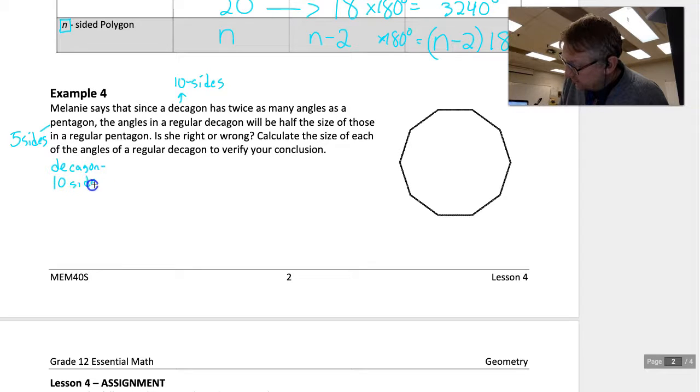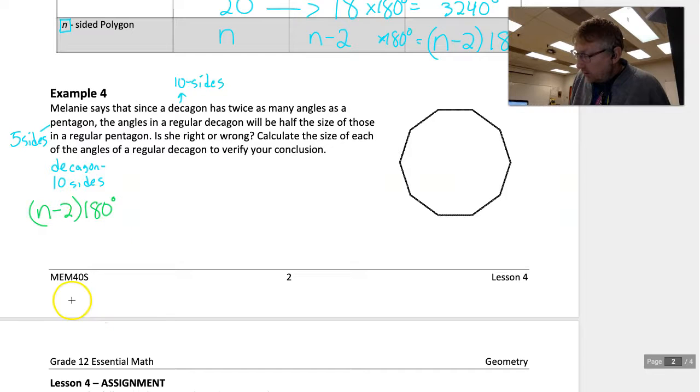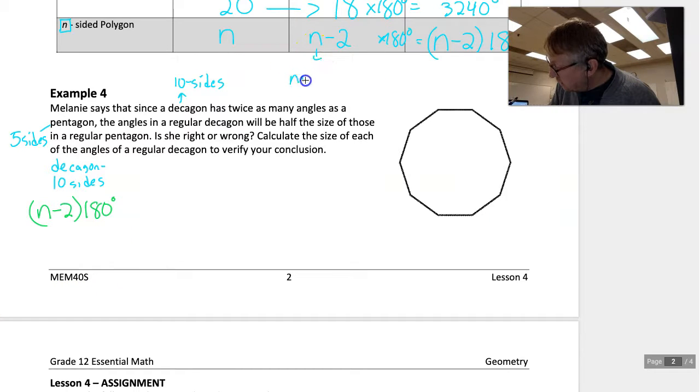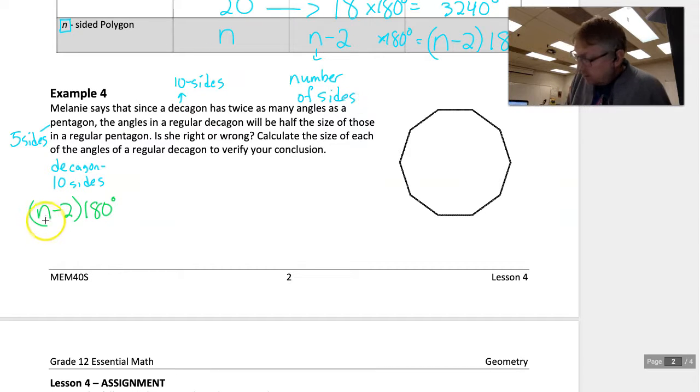10 sides. Let's practice our formula. The formula says n minus 2 times 180, where n stands for the number of sides. In a decagon, what's the number of sides? I believe there's 10 sides.